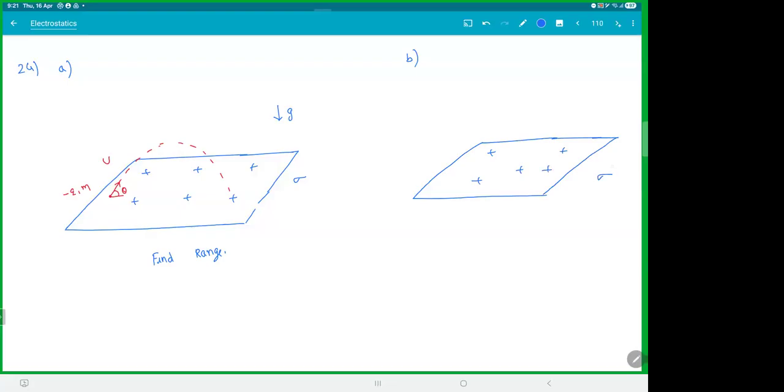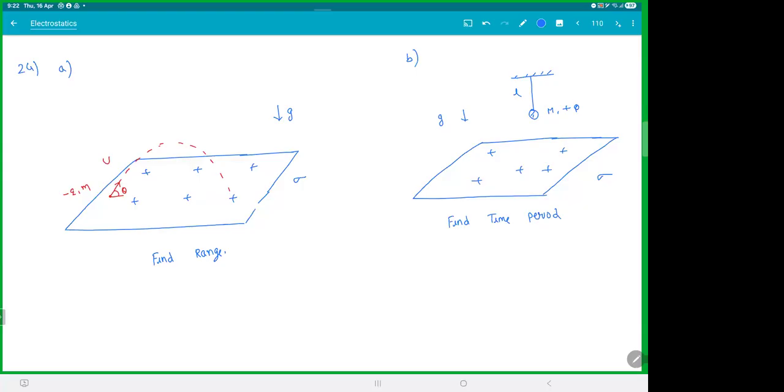So we have a sheet sigma, and they will say there is a pendulum, mass m, charge q, length L, and gravity is present. Find time period. So indirectly, what they're asking, right? You know the value of E, then it is standard stuff. So the sheet will simply give you the value of electric field.